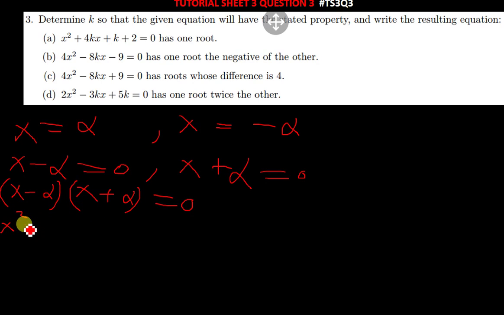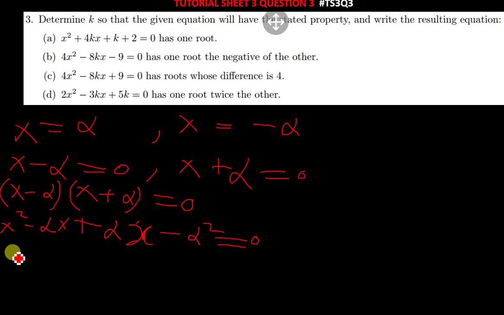Alpha times x, you get alpha x, negative alpha times x, you get negative alpha x, and then x times alpha, you get positive alpha x, and then negative alpha times positive alpha, you get negative alpha squared. So this is equal to 0.